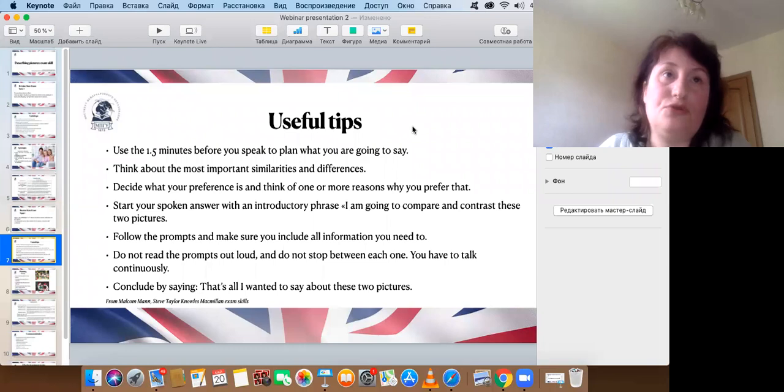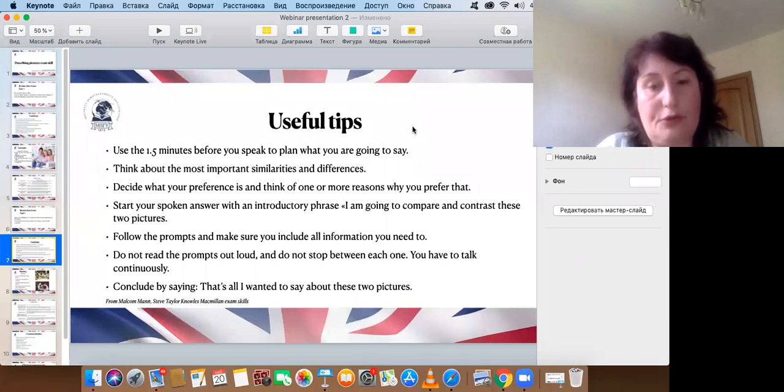Firstly, you have to find at least 1 or 2 similarities or 1 or 2 differences. So our next tip is to think about the most important similarities and the most important differences. Even the number of people in 2 pictures can refer to a difference.